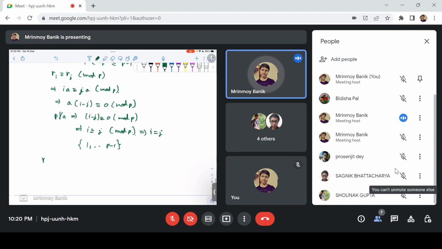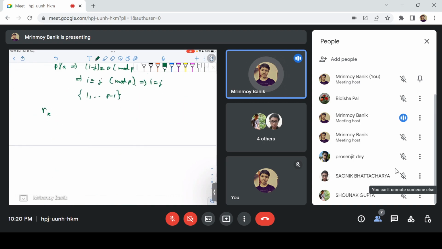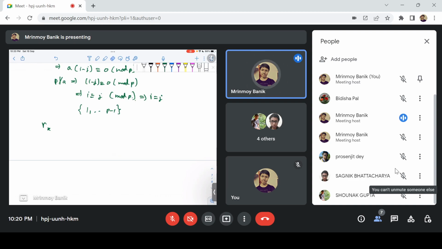So that shows that all the Rk's are different and none of them are equal to 0. And how many Rk's are there? There are as many Rk's as there were k's in the set, the reduced residue class of P modulo P, right? So let me write them down.